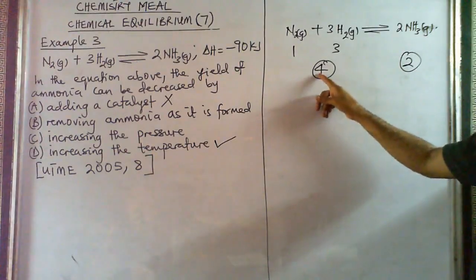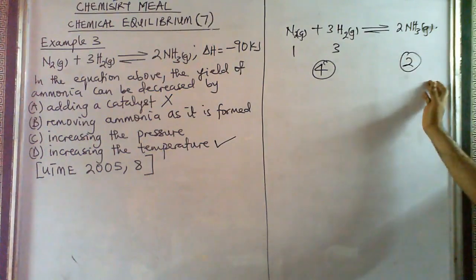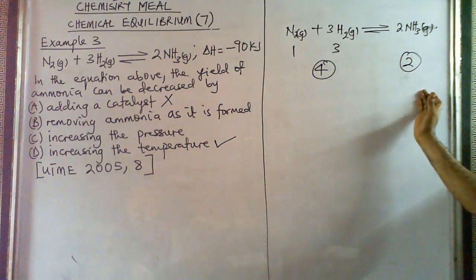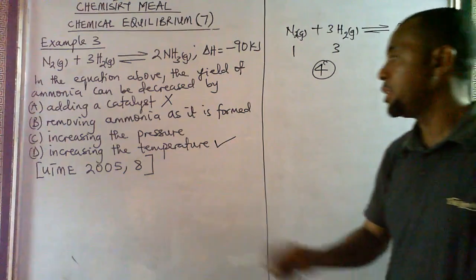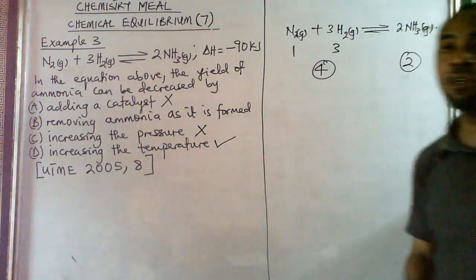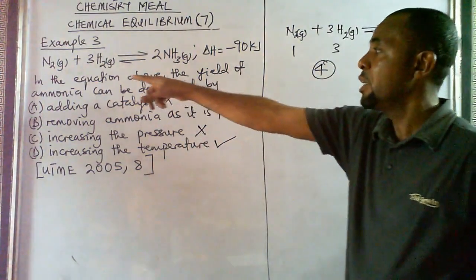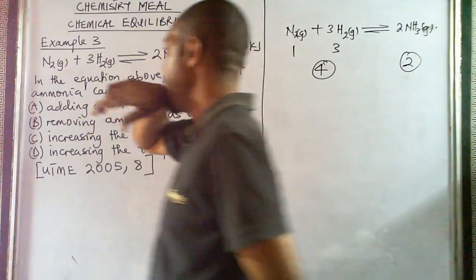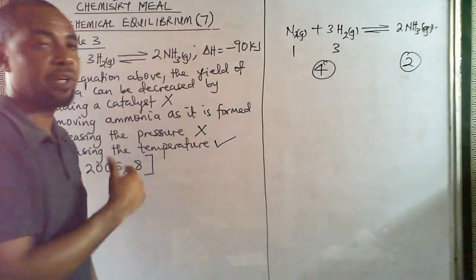Now, if we increase pressure, it will favor this side because it has lower volume or lower mole, right? And if you favor this, it means more ammonia will be formed. So it cannot be this. Increasing pressure will not answer this question, because we are trying to decrease the yield of ammonia. So it will be things that will not favor the side of ammonia, but the reverse side.